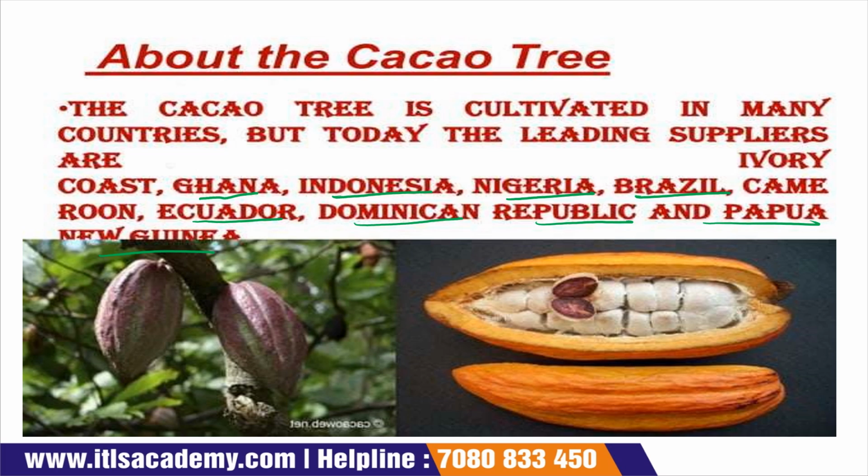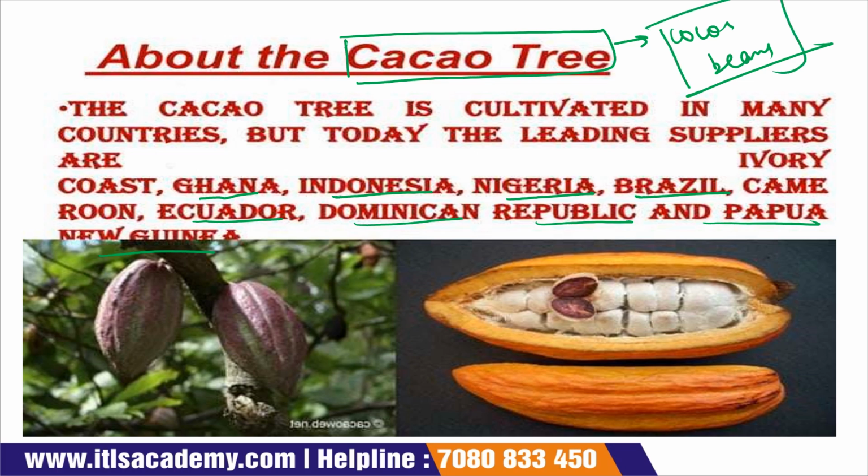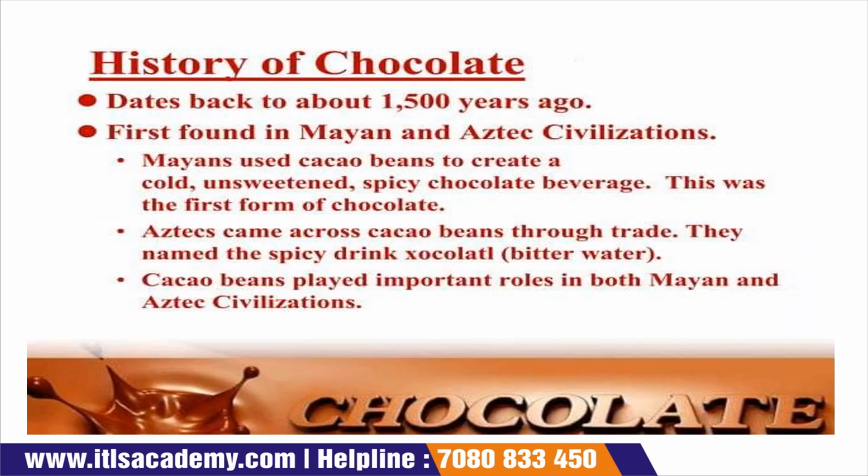These are the leading countries for the supply of cocoa. When the cocoa tree is cultivated more, ultimately more cocoa beans are cultivated because they are derived from the cocoa tree.